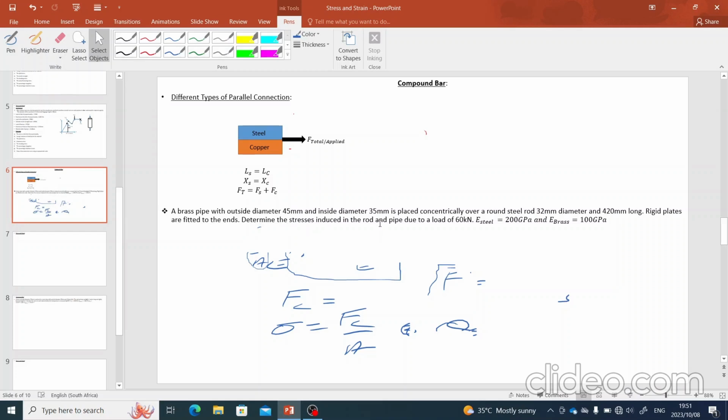Where's my eye cursor? I don't see my eye cursor now. Okay, there it is. Let's wipe.